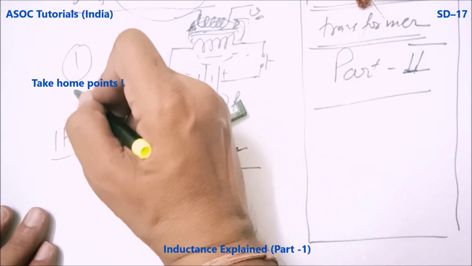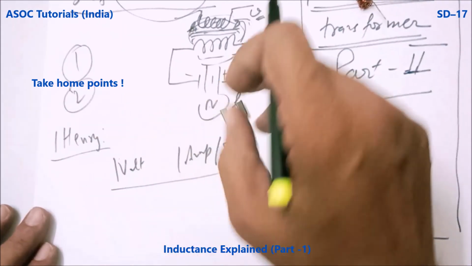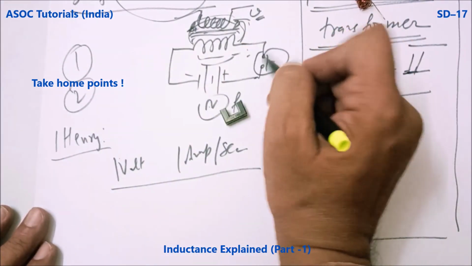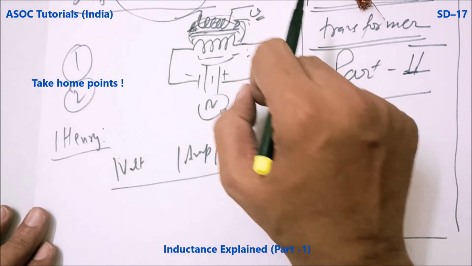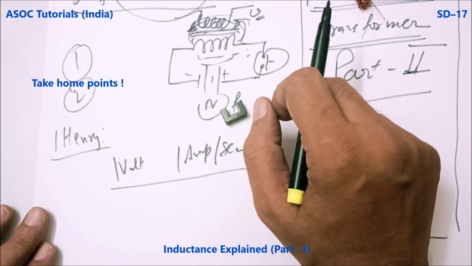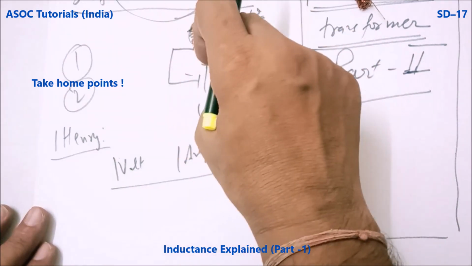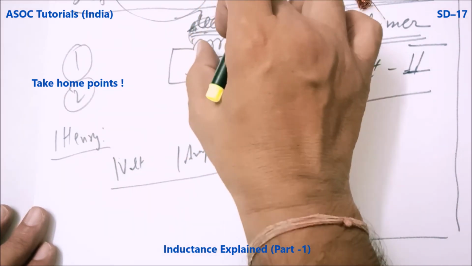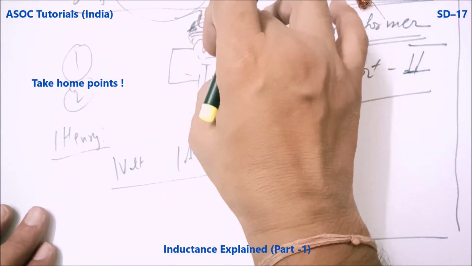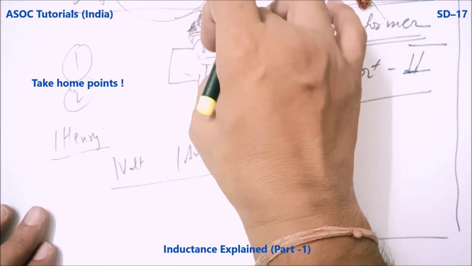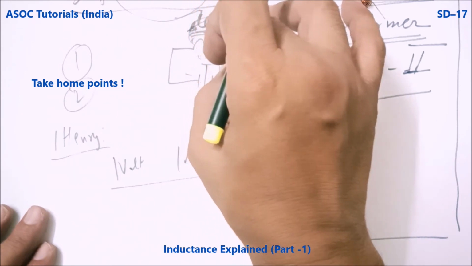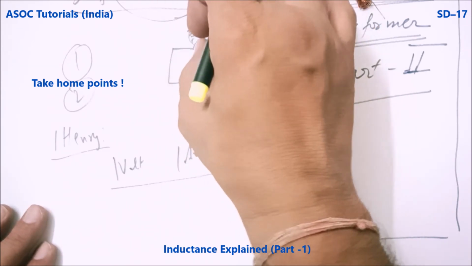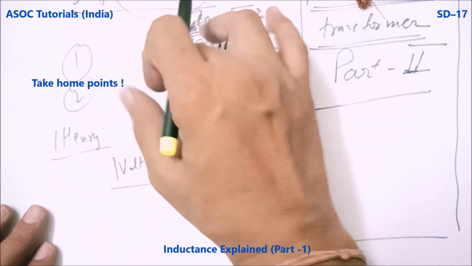Coming to next point 2. When the switch is open, there is no voltage supply available to maintain this magnetic field around the inductor. So this voltage slowly decays, and the change in current flow creates an induced EMF back into the same circuit.